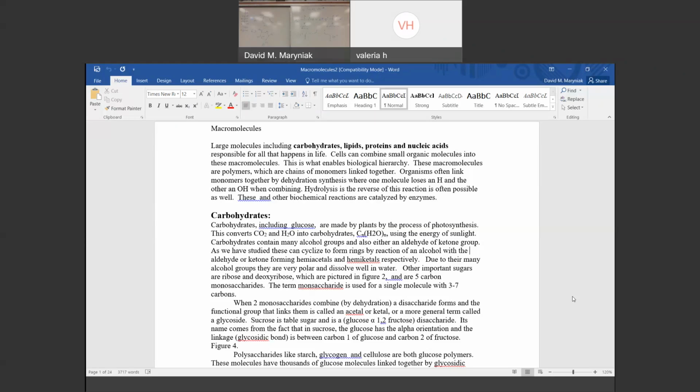So not all carbohydrates are sugars, but all sugars are carbohydrates. And if we rattle off some names like glucose, fructose, lactose, maltose, those are all types of sugars.